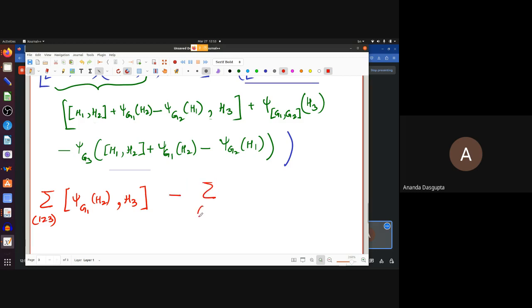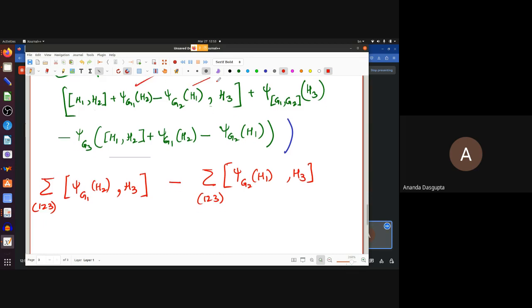Minus 1, 2, 3 of psi g2 h1 with h3. That's just this term. So this is done. It's best to keep track of what we are doing. Now this term will become the 1, 2, 3 permutation of psi g1, psi g2 acting on h3.